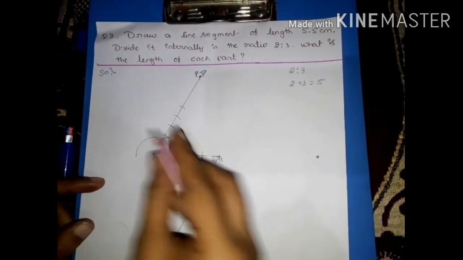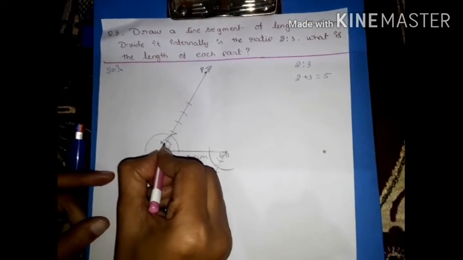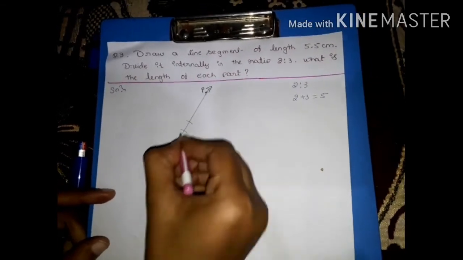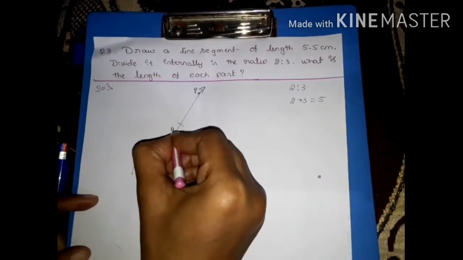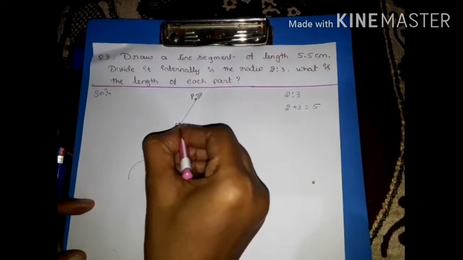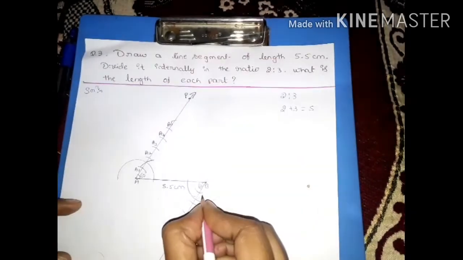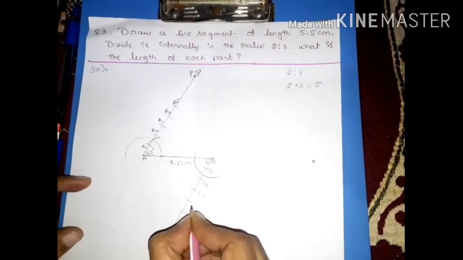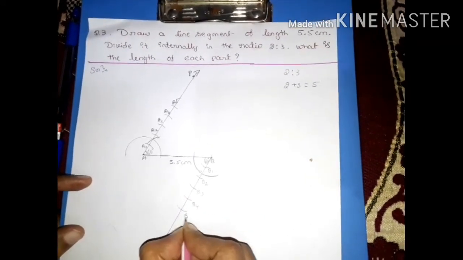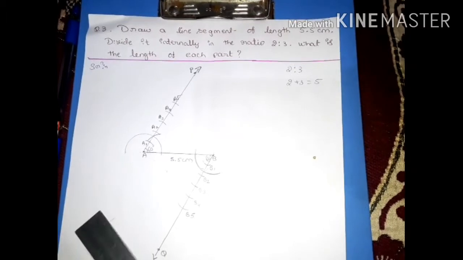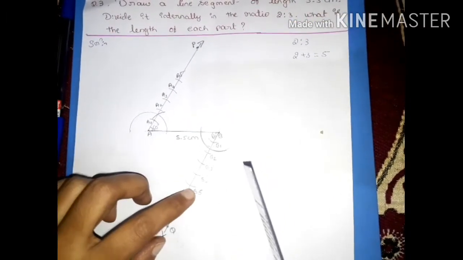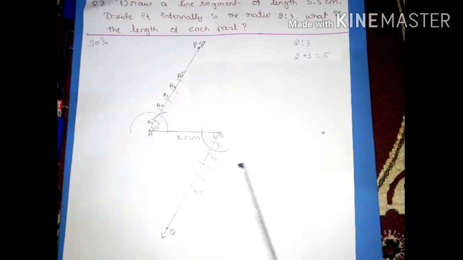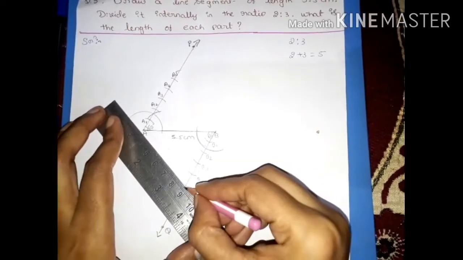For all these parts, give the names A1, A2, A3, A4, A5. Similarly, B1, B2, B3, B4, B5. The last two, A to B5 and A5 to B, join with dotted lines.